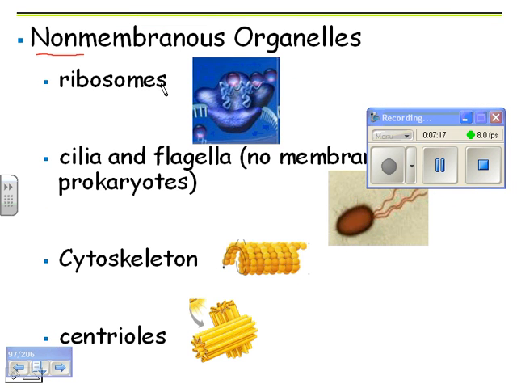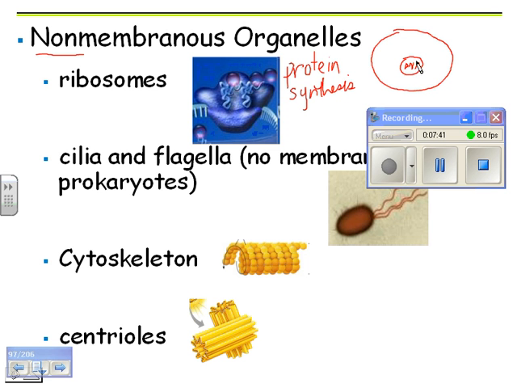Okay, non-membranous organelles. These are organelles that are not membrane bound. They're not made out of a membrane. Ribosomes, for example, are the site of protein synthesis. That means that's where you make proteins. So this is the place in the cell where proteins are made. If this is the cell, here's the nucleus with its DNA.